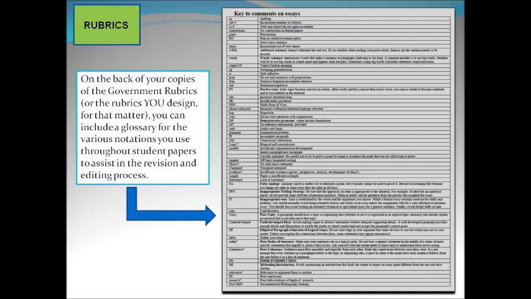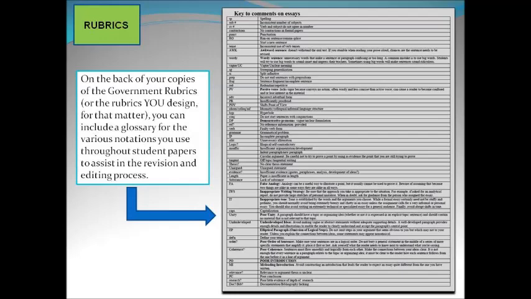Another thing you can do, I used to do this, for my formative purposes, is on the back of my rubrics for my students, I'd put a little key to comments on essays. Not all the time would I want to write out a full explanation, but I'd have a little key for, say, POV would mean point of view, right?